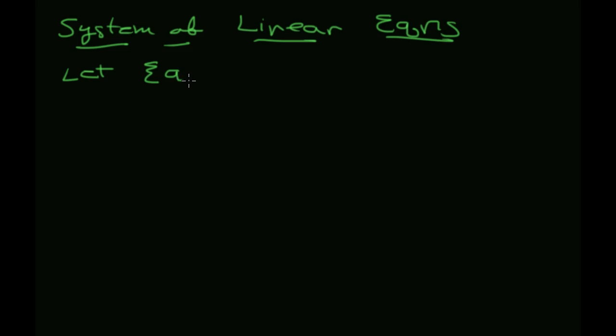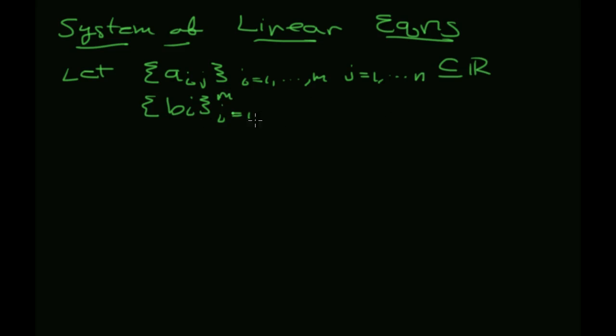So A is going to be a_ij, where i is going to be 1 through m, and j is going to be 1 through n, and that's going to be a subset of the real numbers. And then we're going to have a sequence of b_i's, where i is equal to 1 through m. So there's m different i values.